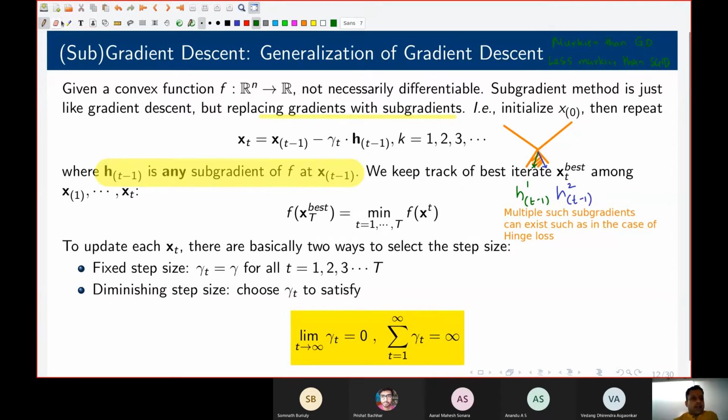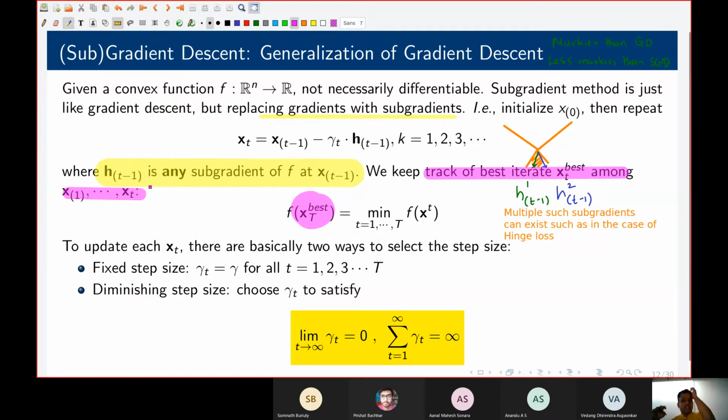So that's the rationale behind having this f best. We'll not take one, but we'll take the best there, xt best, and we'll basically keep track of the best xt among x1 to xt.